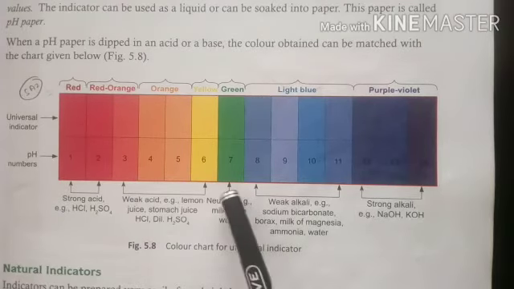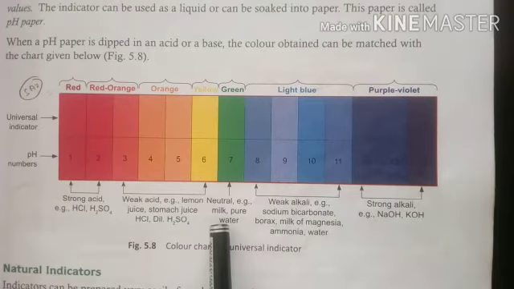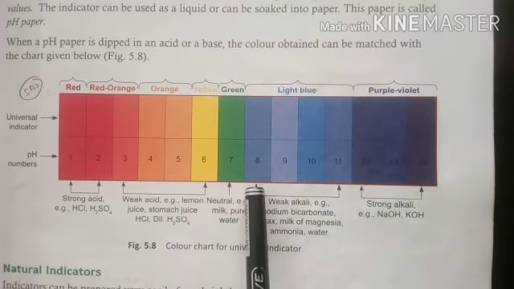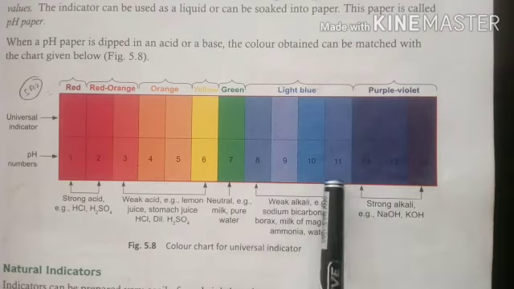In the center, the green color is neutral, and in it we put milk and pure water. That's why they are neutral. Water and milk are neither acidic nor basic. Moving from 8 to 11, these are all light blue in color.